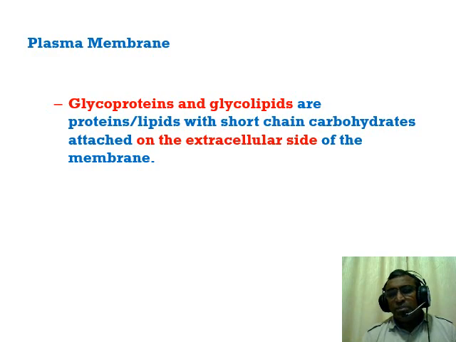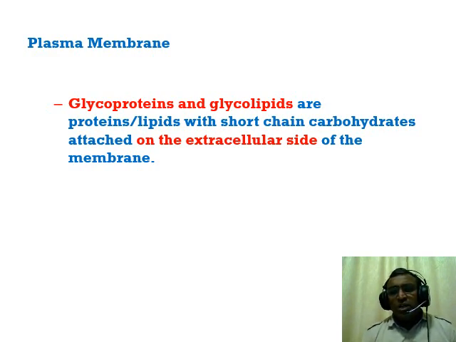So basically, the plasma membrane does not only have a lipid bilayer, it also has other contributing members, and apart from channels, you also have glycoproteins and glycolipids, which are conjugated types of macromolecule, that is carbohydrate with protein, and carbohydrate with lipid.